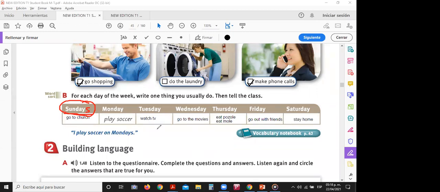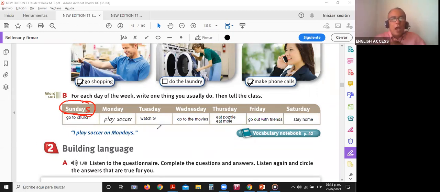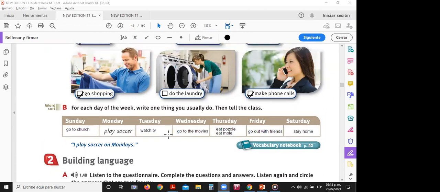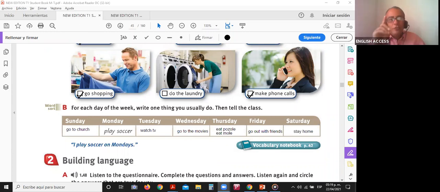Yes. So remember, this is because we are talking about routines, things that we do in the week for each day of the week. We have routines. We do different things. Y si quiero decir, yo juego fútbol este domingo, ya no le agrego la S. It's only one Sunday. But if you play soccer every Sunday, you add the S, okay?